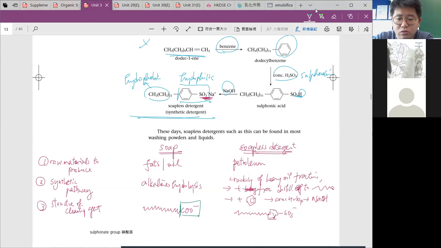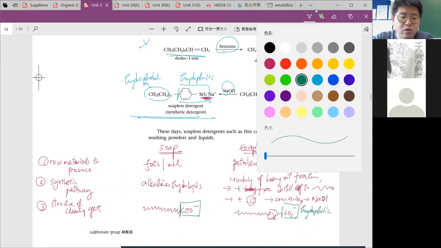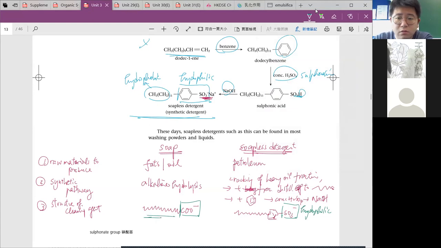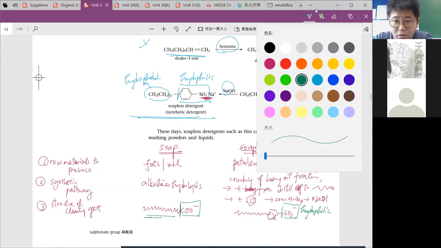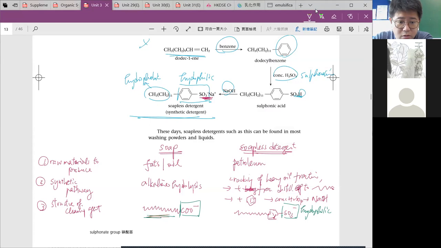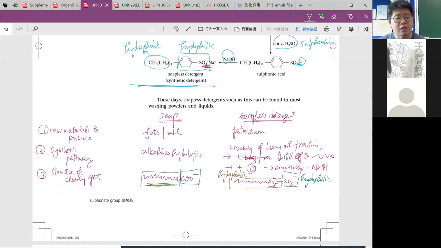So similarly, you have two parts, which is hydrophilic, okay? While you talk about this part, I changed to another color, okay? This part is hydrophobic, okay? So you may have something similar like this.